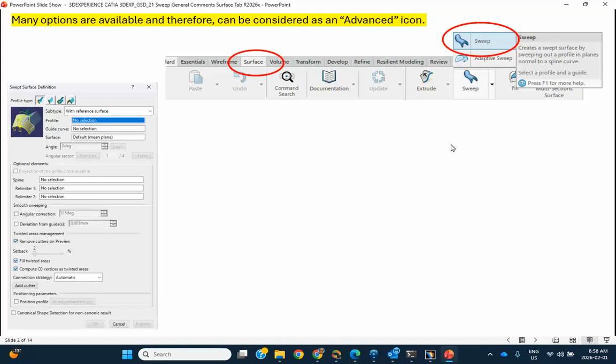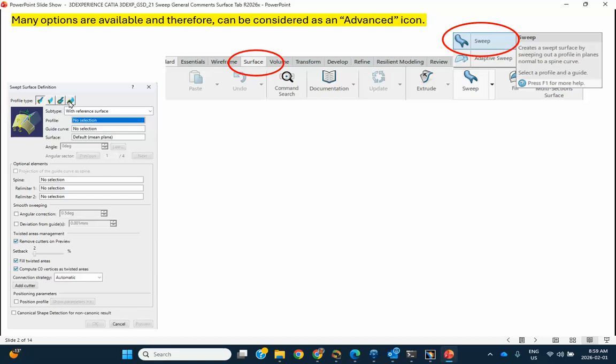Now, when you click on the sweep icon, this dialog box opens up, and notice that on the top, the profile type, the first one is called explicit. You can draw anything you want, it's your own graph. This one is sweeping a line, and that is sweeping a circle, and finally a conic.